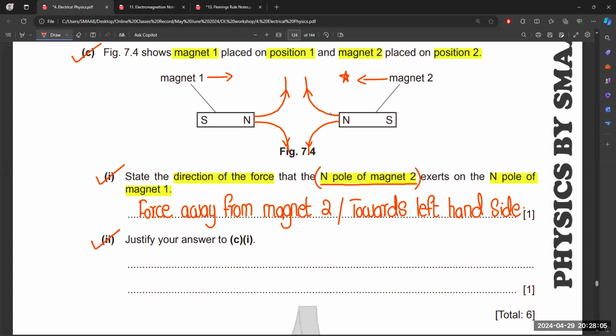And now you have to justify your answer to part C1. So it will be because of magnetic field lines.